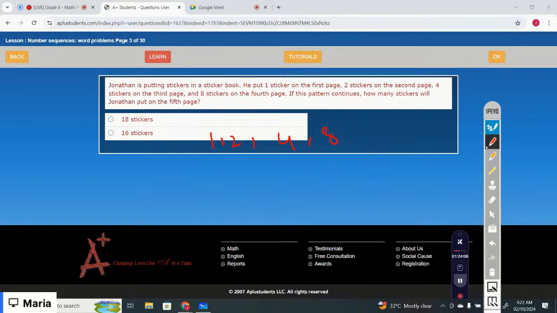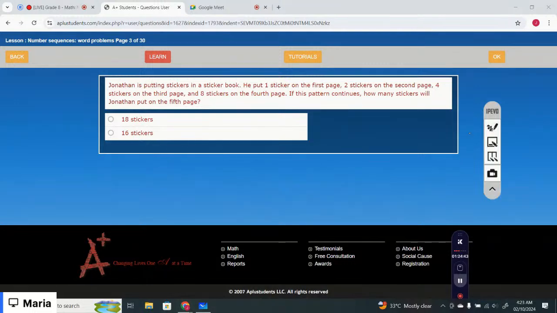So which is the correct option? 16 it is, right?